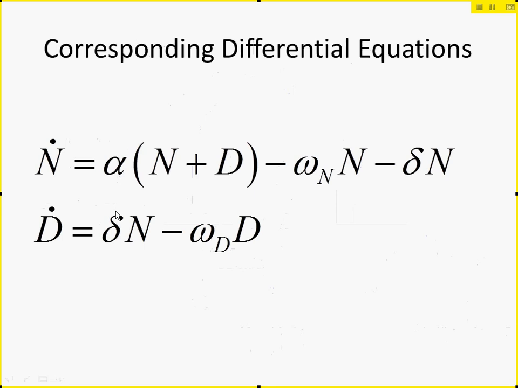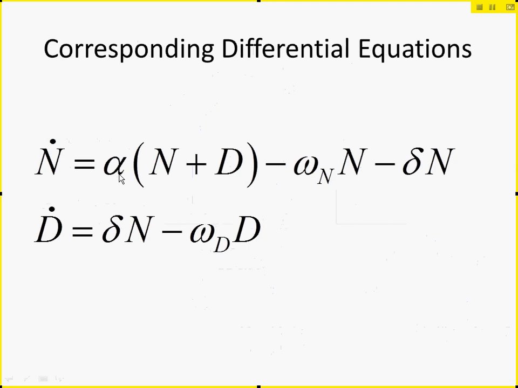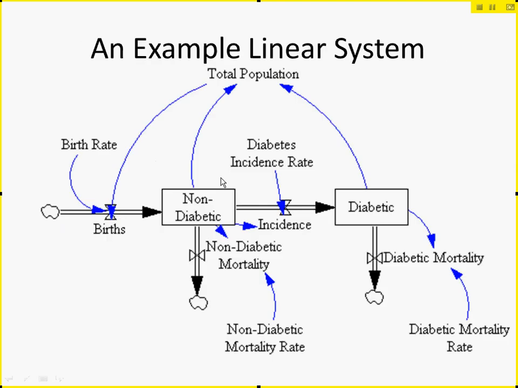These are the equations for this same system written out. So we, again, have a flow in to non-diabetics, right? And that flow in is given by some birth rate times the total population, n plus d. Remember what I said when I first introduced these auxiliaries.